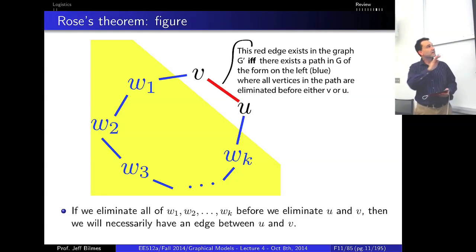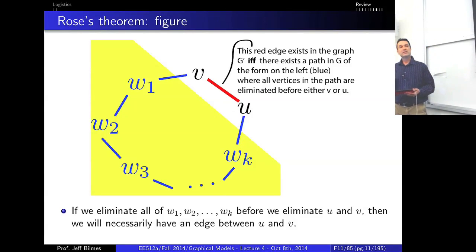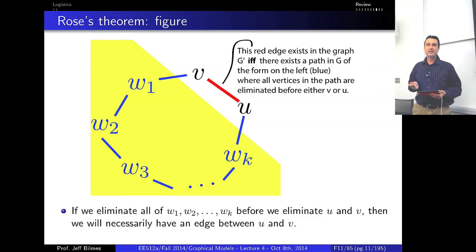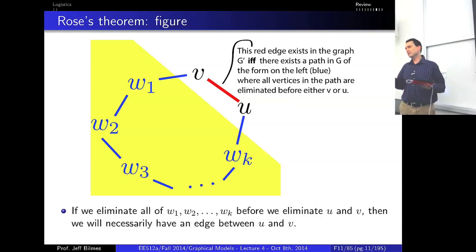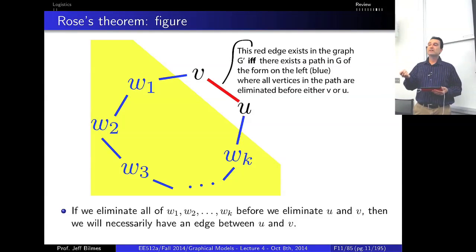Okay, so if all the stuff that's highlighted in yellow is eliminated before the vertices incident to the red edge, then that red edge will necessarily exist. Now that also corresponds to the very simple case when V and U are already connected in G, the original graph, because basically there's a path and there are no vertices other than that edge on that path.